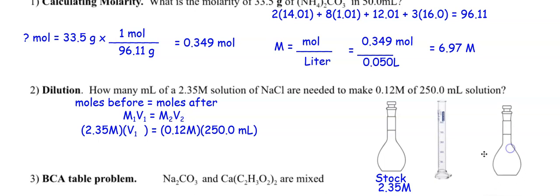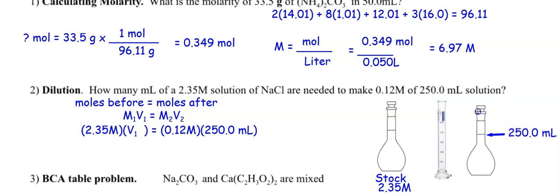And then once I put it in a 250 milliliter volumetric flask, maybe I should put it over here. Here we go. I want to have a molarity of 0.12. So again, my V1 is how much of my stock solution do I pour into here?